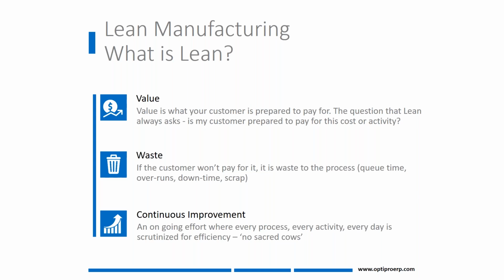In doing that, we should be focusing on continuous improvement. So an ongoing effort every day on every process, every activity that we do. We have to be scrutinizing it for efficiencies. There are no sacred cows.